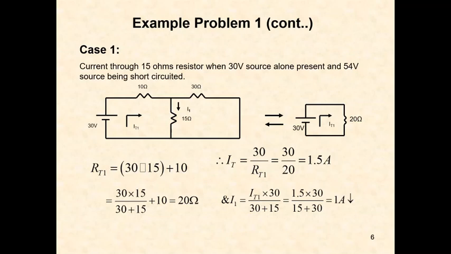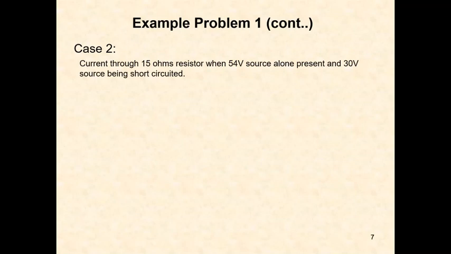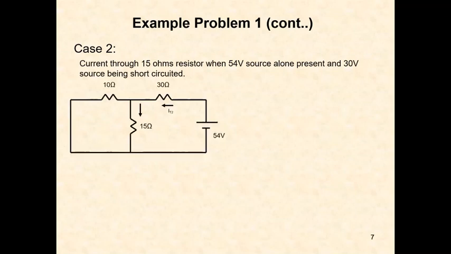Now in the second case, the current through the 15 ohm resistor when the 54 volt source is alone present and the 30 volt source is short circuited. This is the circuit.